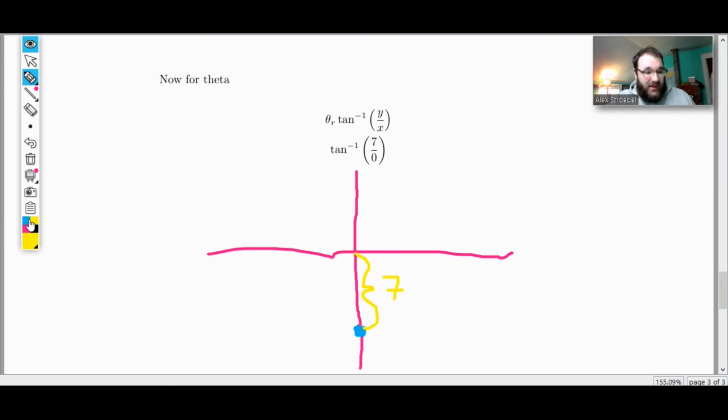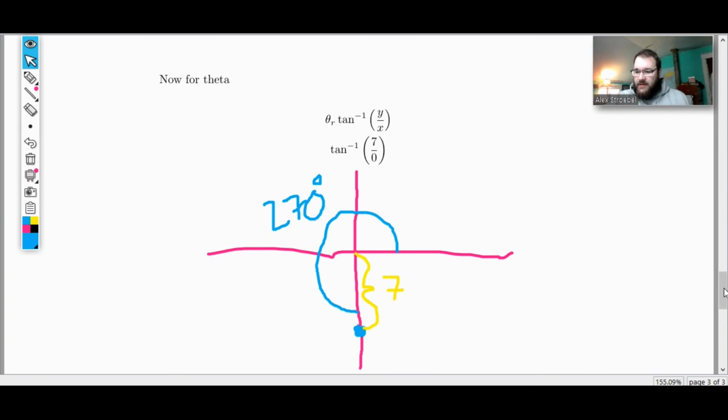But our angle is going to be 270 degrees, because that's what straight down is. This is 90, 180, 270, 360. So for this one you don't use the formula, you just use geometry.